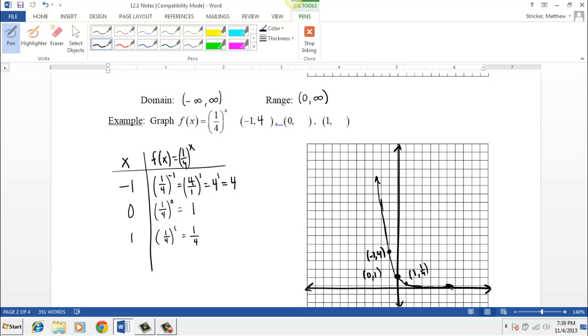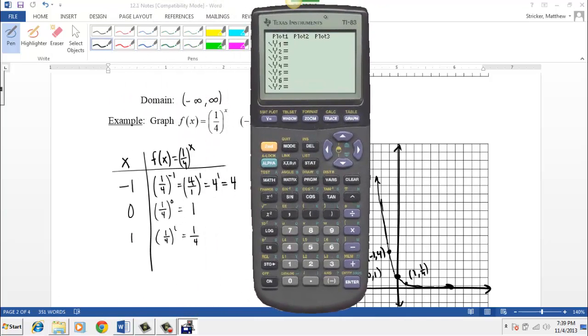One of the things we haven't done yet is talked about graphing these with a graphing calculator. So if we were to put this in our graphing calculator, we go parentheses 1 divided by 4 raised to the x power, and hit our graph here. And you can see that's basically the shape we got. We can look at our table.